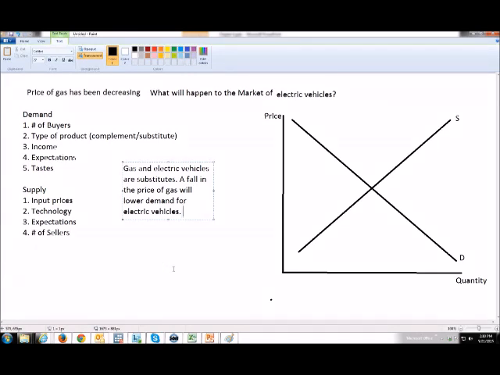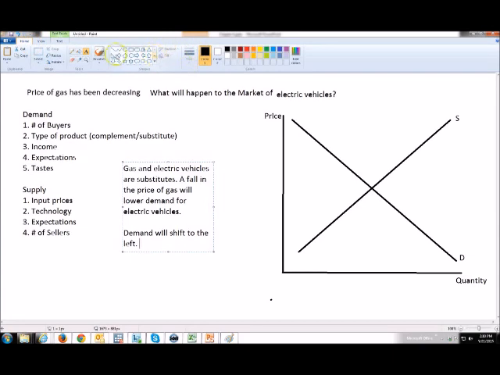So if demand falls, what's going to happen? Demand will shift to the left. So if demand shifts to the left, what's going to happen? We will shift the demand curve and see what happens.